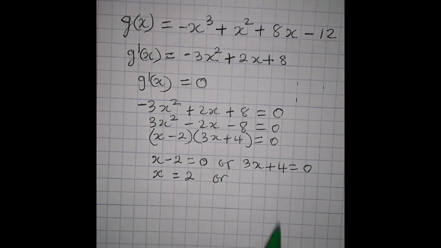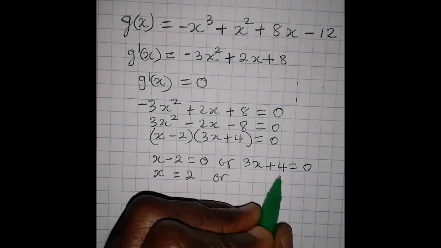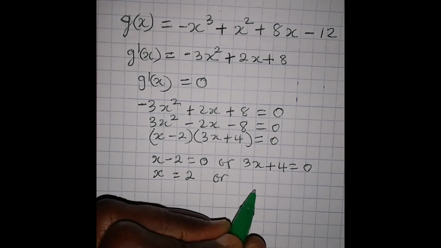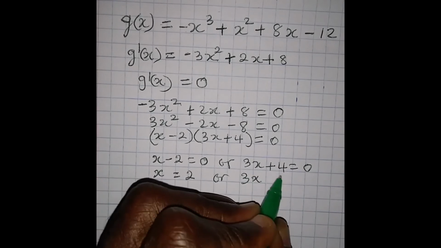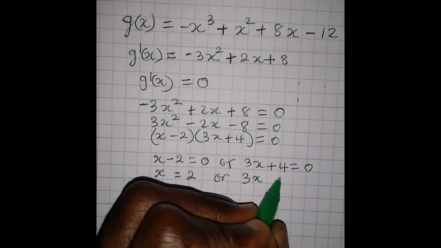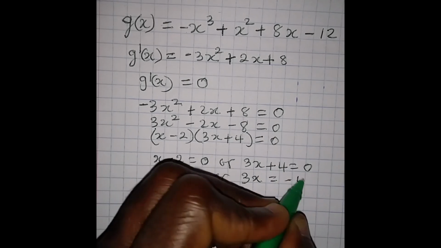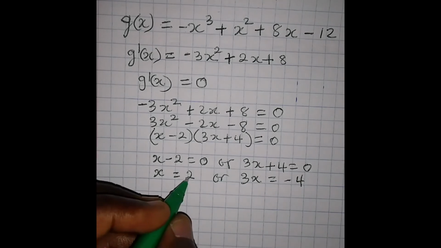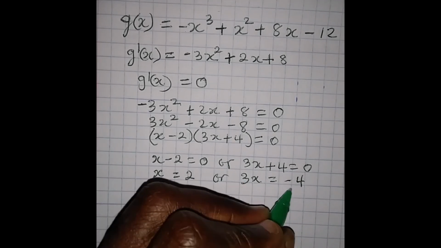Now on this side, the inverse operation for positive 4 is negative 4. What it means is that we are subtracting 4 from both sides of the equation. So when we subtract 4 here, this becomes 0. So when we subtract 4 here, we get negative 4. Now this one is done, but we need to continue with the other side of the equation.